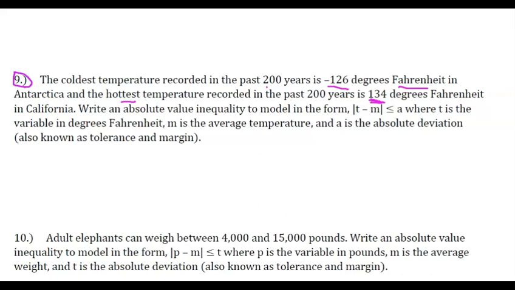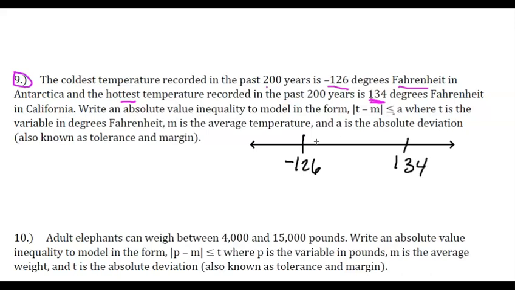So they give you the two extremes, and they want you to formulate the midpoint and the distance. So first, let's draw our number line and plot the two extremes. We have negative 126, and then we have 134.